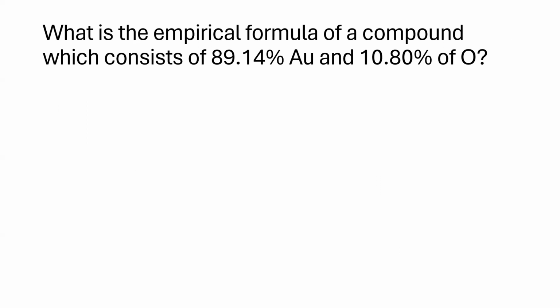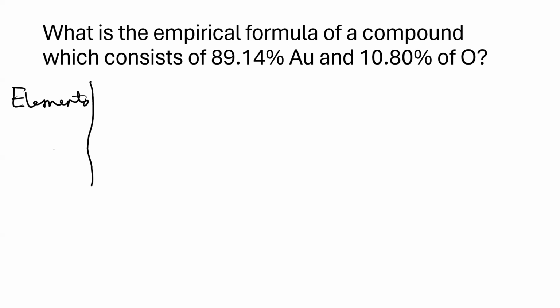We have this problem which reads, what is the empirical formula of a compound which consists of 89.14% gold and 10.80% of oxygen? We'll follow the same process as before. On the first column, we'll write the elements.